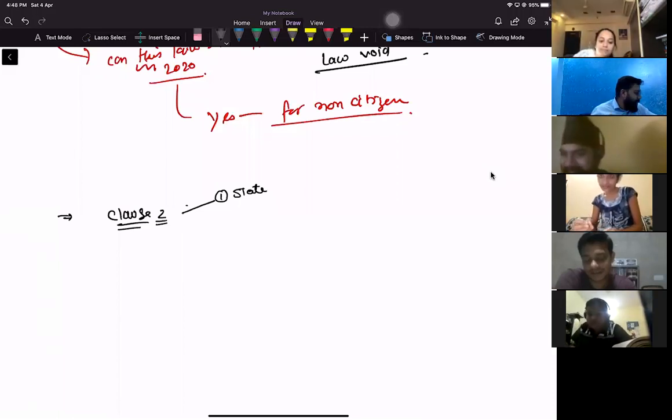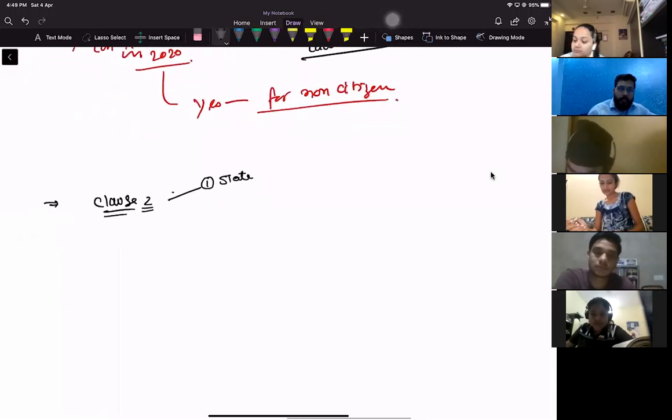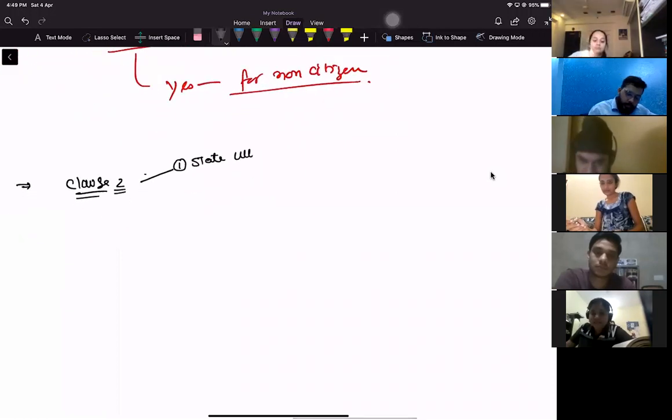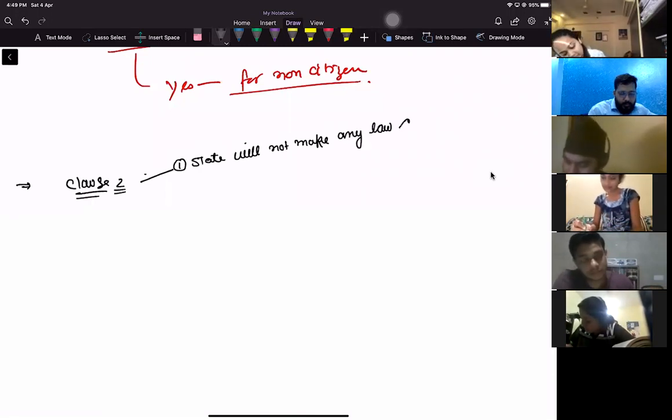Let us see. The state shall not make any law which takes away or abridges the rights conferred by this part, and any law made in contravention of such clause, to the extent of the contravention, is void. The first thing is the state will not make any law against or in infringement of, abridging, Part 3.